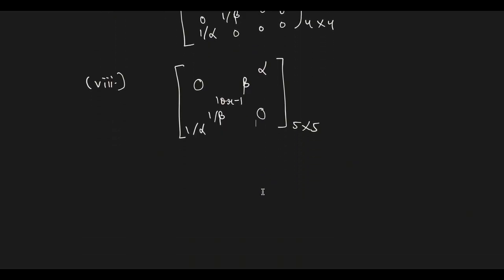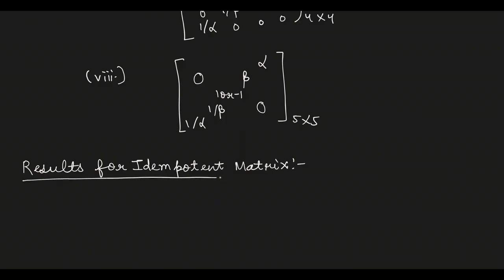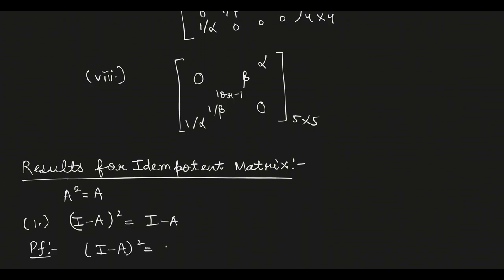Now some results for idempotent matrix. An idempotent matrix was A square equal to A. First, I minus A whole square is equal to I minus A. I minus A square means I minus A into I minus A. So I into I minus I into A minus A into I plus A square.